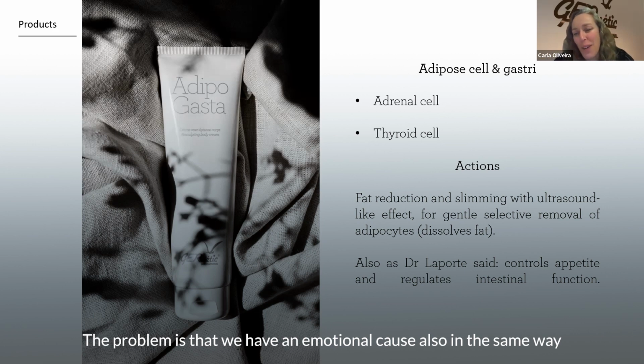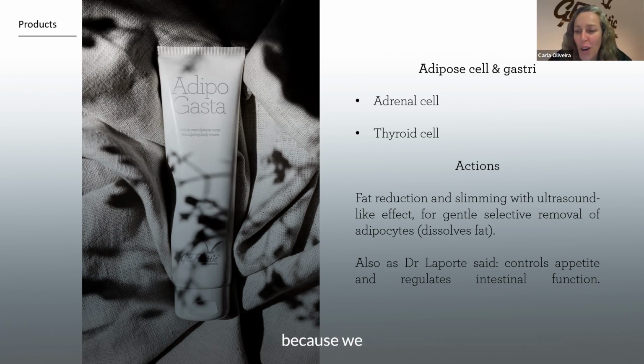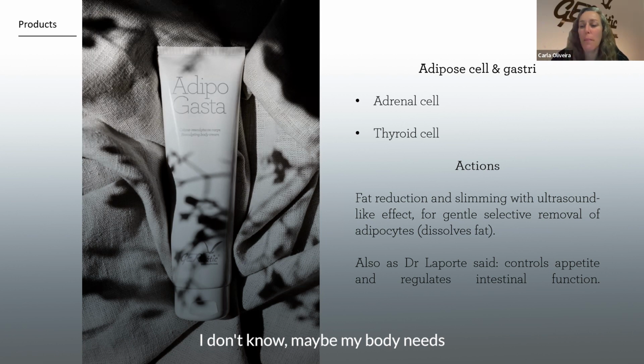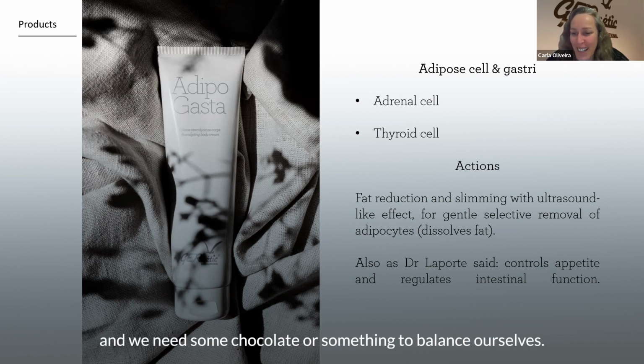The problem is that we have an emotional cause also in the same way, because we could think, oh, I like so many sweets, I want so many sweets, maybe my body needs so many actives that are sweet, or not, maybe we are just emotionally unbalanced and we need some chocolate or something to balance ourselves.